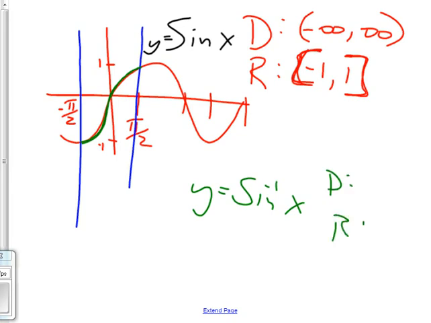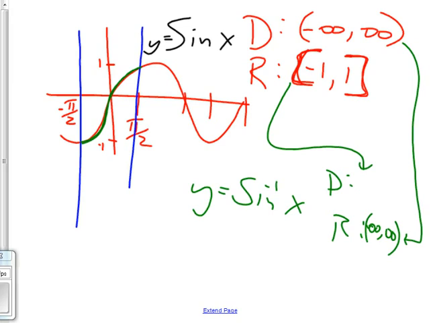Domain and range, whatever the domain was becomes the range. Negative infinity, positive. And whatever the range was becomes the domain. Negative 1 to 1. Do you get how you can reverse those two? Okay, so whenever you're doing an inverse, you just take the domain and range of the parent one and flip it. Okay. The graph, however, actually making the picture is the harder part.